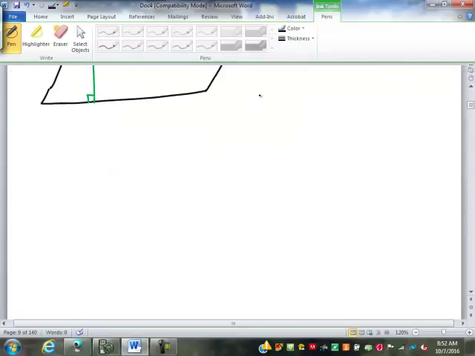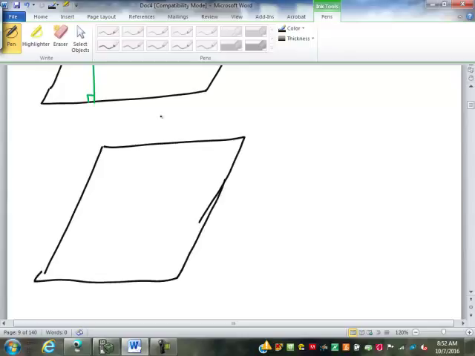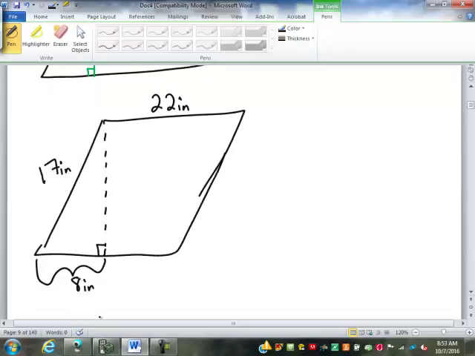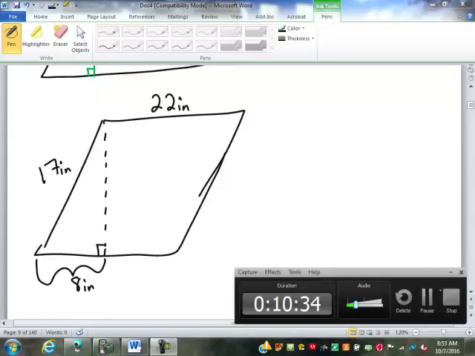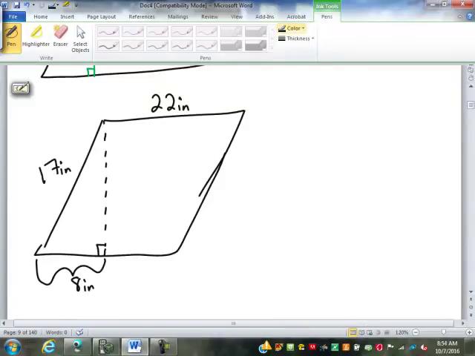So what I'm going to do is this. This is 22 inches. This is 17 inches. I'm going to tell you that the distance from here to here is 8 inches. In your notes, figure out how to find the area of that parallelogram. What do you have to do? Find the missing side.